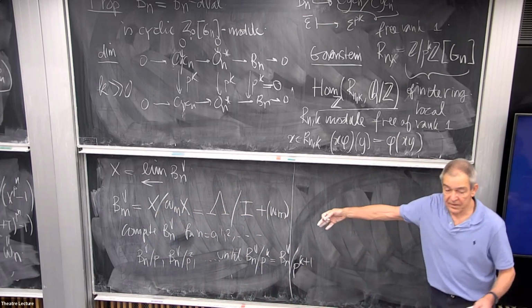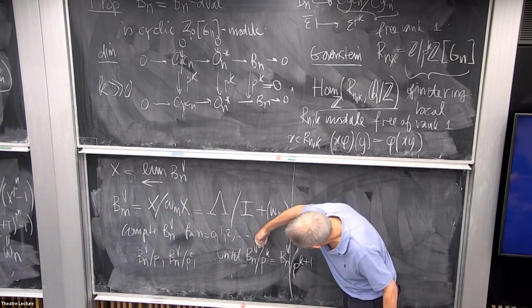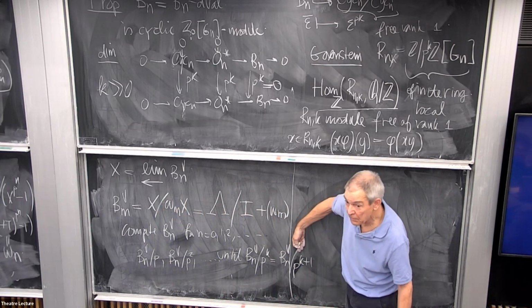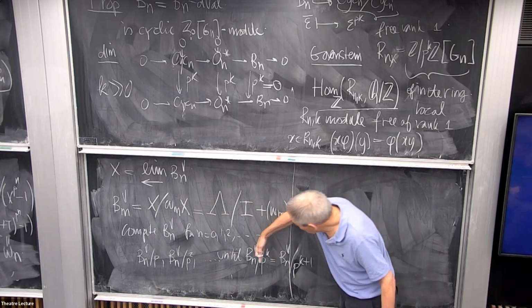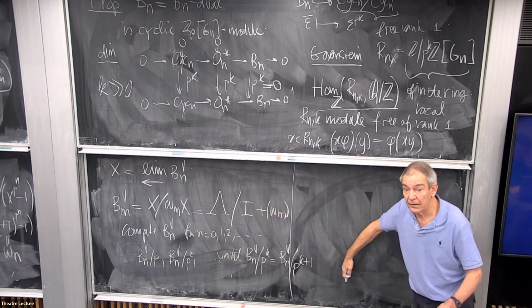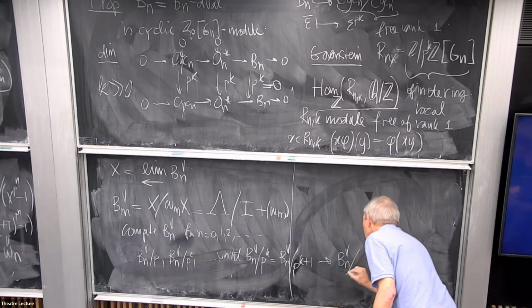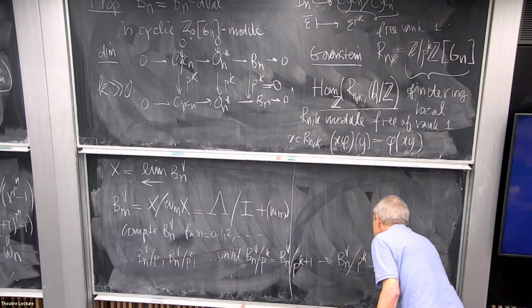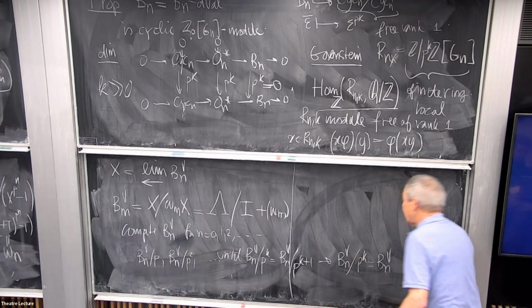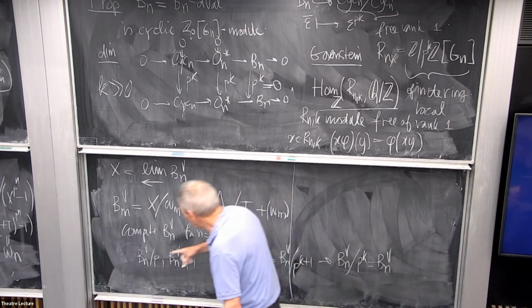And this is the same argument as before. Once this is the same, it follows that this is killed by p to the k, and that from this point on, the group will be equal to Bn tilde. So this means that Bn dual modulo p to the k is Bn dual. And then I'm done. So the only thing I have to explain to you is how to compute this.